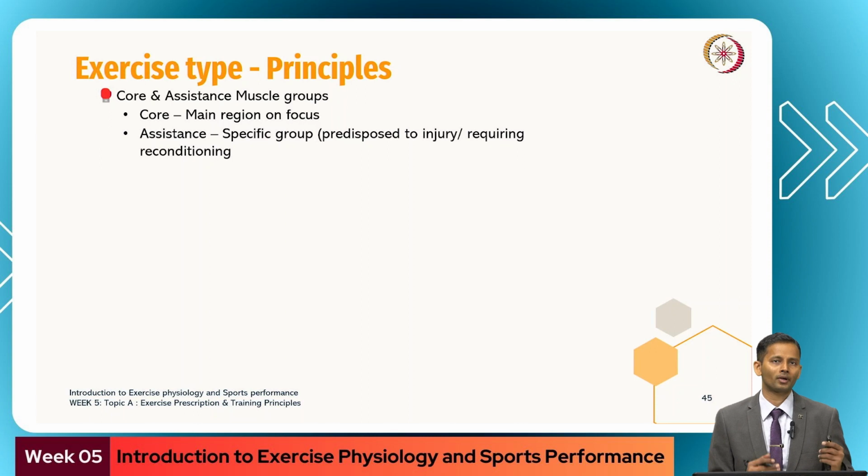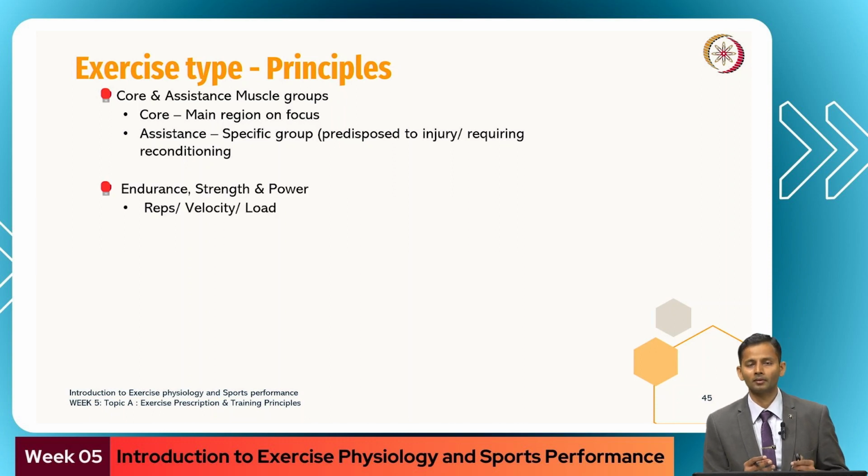So the prime motive would be to focus on the core muscle group, but you should also remember that you should not forget the focus on the assistance groups. Assistance groups would be, for an injured athlete, a specific group of muscles which is injured, which needs to be addressed, or it can be a reconditioning of a specific group of muscles. So that needs to be kept in mind.